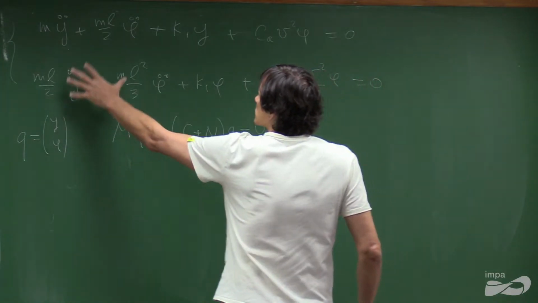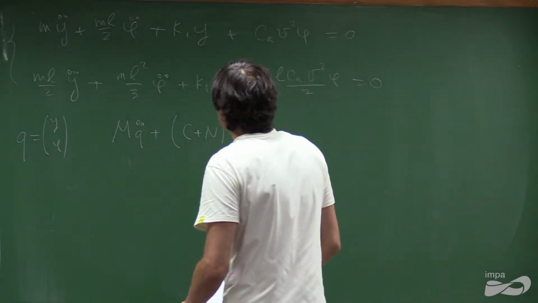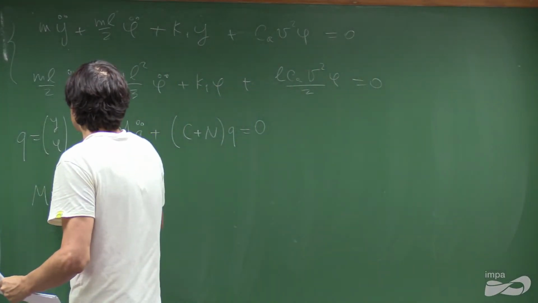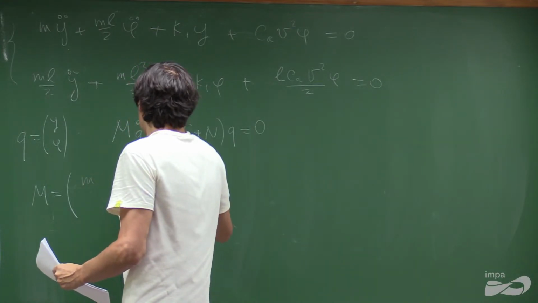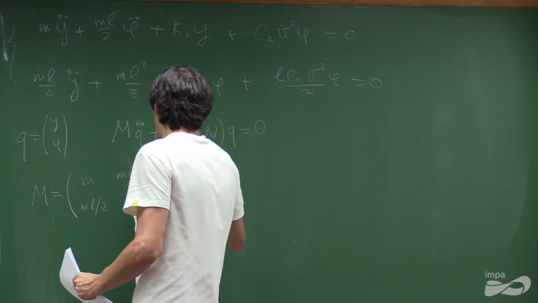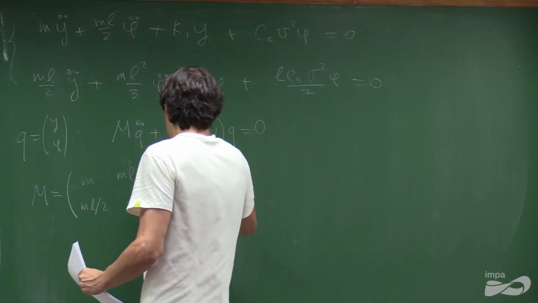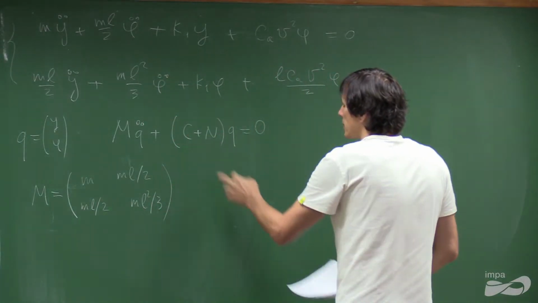So this corresponds to the left part, and this corresponds to the second half. So what you get, the mass matrix is m, m L over 2, m L over 2, m L squared over 3. So this is our mass matrix. It's symmetric.